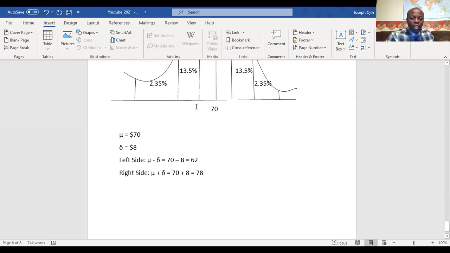So the left side has $62, and on the right side we have $78.